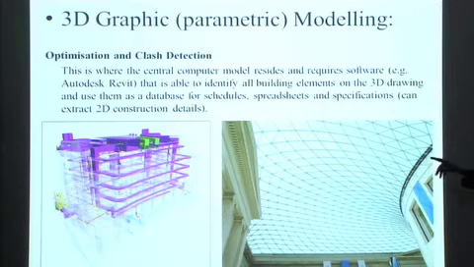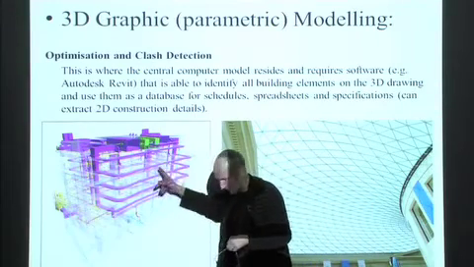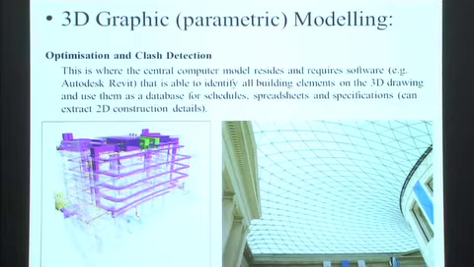The other part of 3D graphic modeling, as far as BIM is concerned, is what's called clash detection. So if everybody's feeding into this model, the service engineers, M&E, electricians, environmental engineers, structural engineers, are all feeding their information back into the same central model. The model goes, hold on a minute, you've got a column here, I want the water, and it's doing all the adjusting for you, as long as everybody feeds the information into that model.